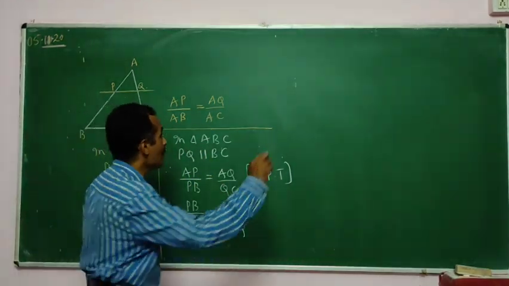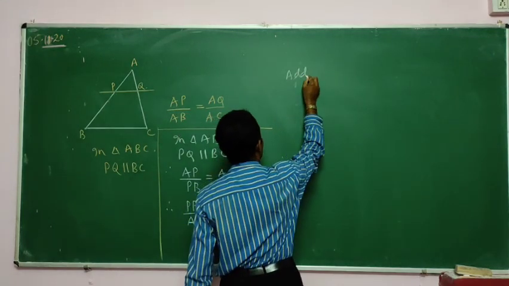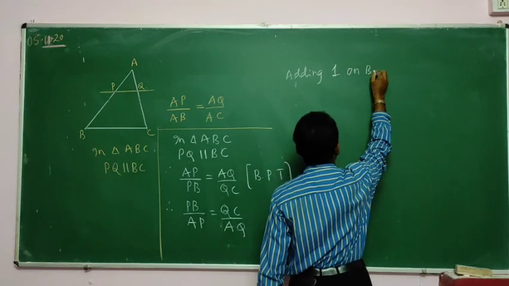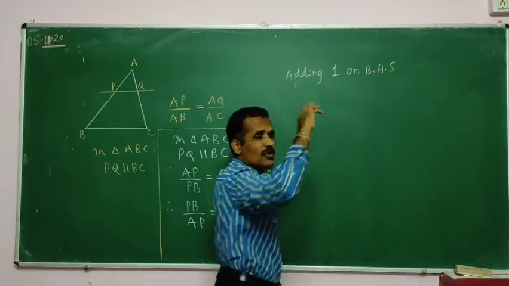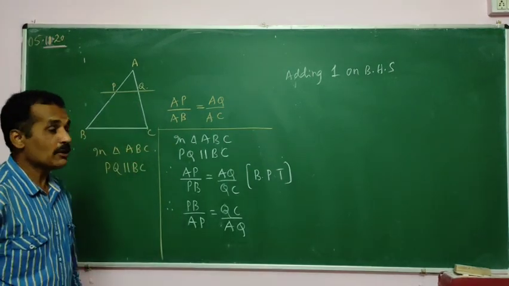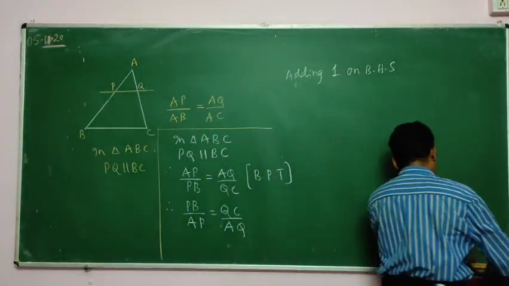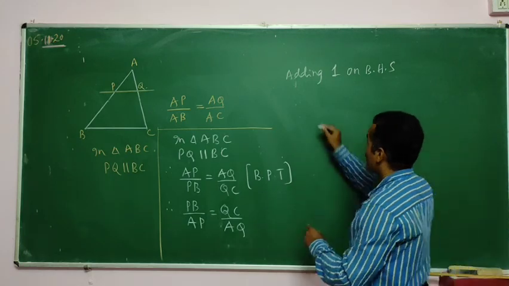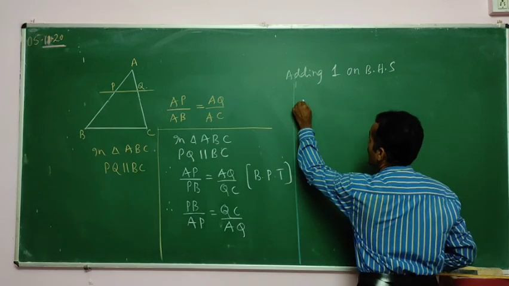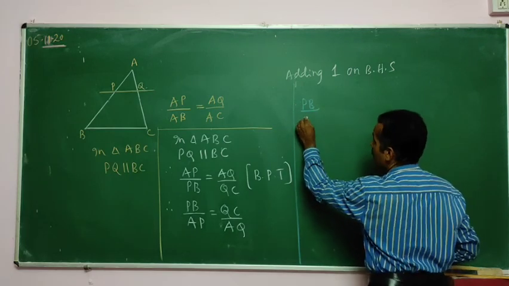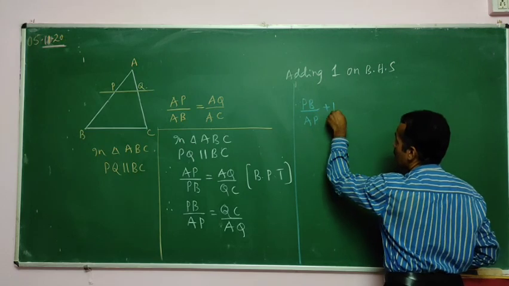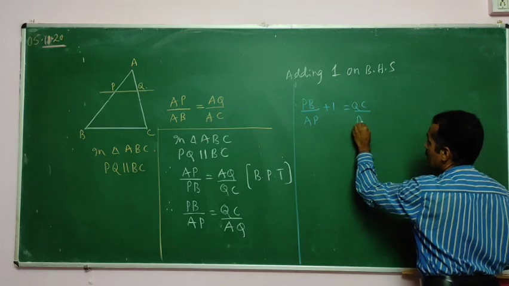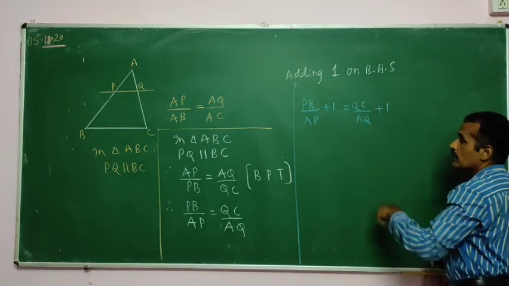What will I do now? Adding 1 on both hand sides: PB by AP plus 1 is equal to QC divided by AQ plus 1.